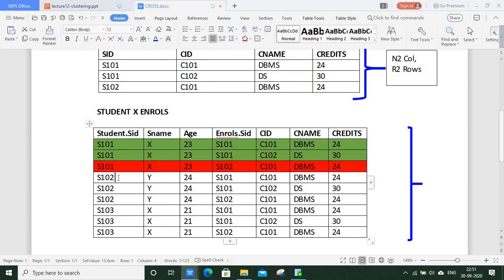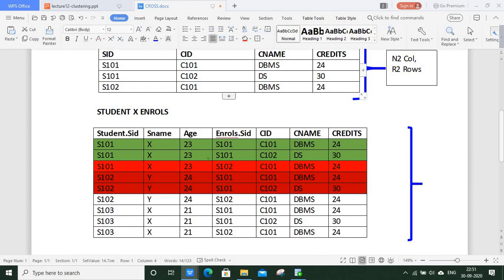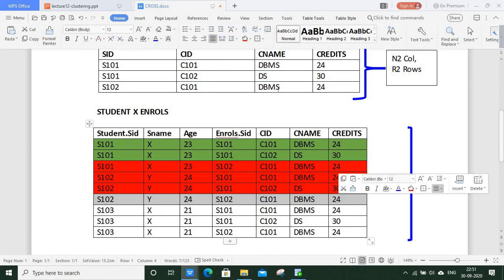Now coming to the next one, S102, again this is an irrelevant combination. So is the next one. You need to discard these combinations. Now the next one, that is S102, that is matched with S102, and yes, you can see that S102 is related to DBMS, so that can be considered as a relevant combination.